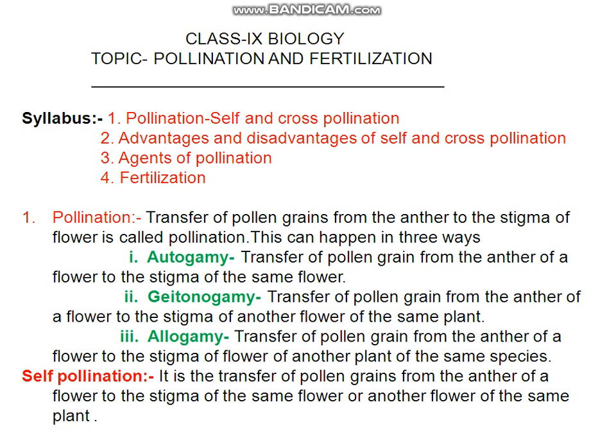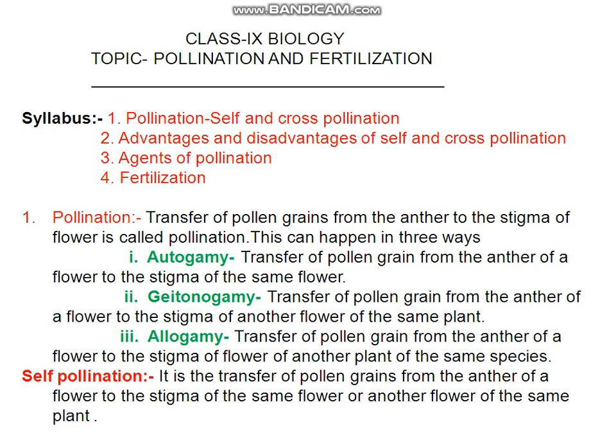Another one is when pollen grains transfer from the anther of a flower to the stigma of a flower of the same plant. That means both the flowers are remaining in the same plant. Male and female flowers remaining in the same plant.